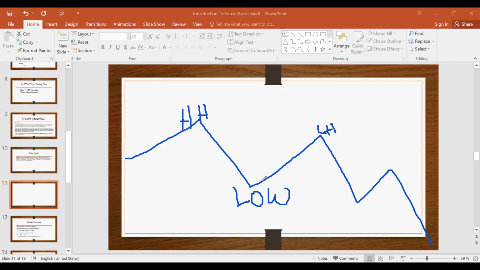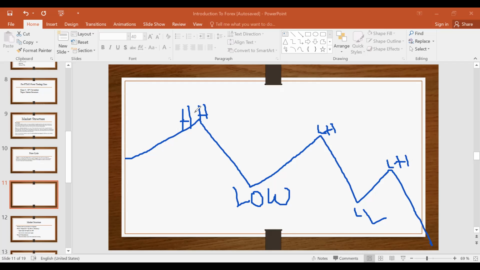And then this is a low, lower than that, so this is a lower low. Then this one again is a high, but not as high as the other one, so it's a lower high. And this one is a lower low.